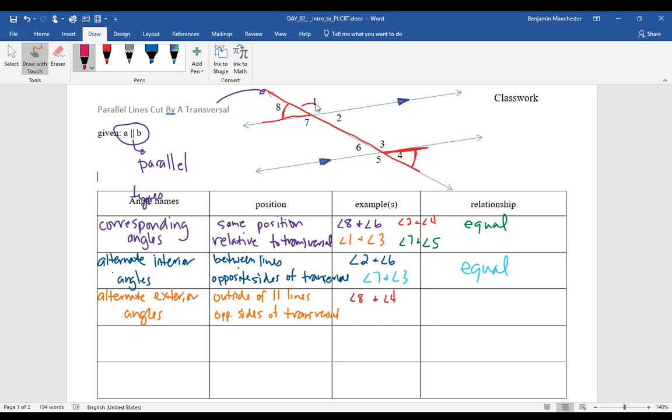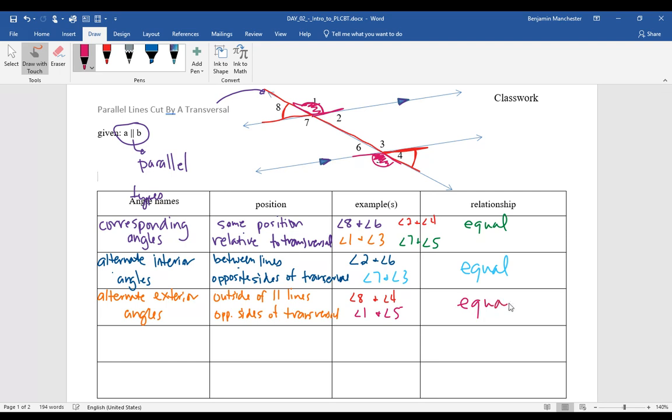Okay, similarly, angle 1 on the outside of your parallel lines would match up with angle 5. So angle 1 and angle 5 are alternate exterior angles, on opposite sides of your transversal and outside of your parallel lines.